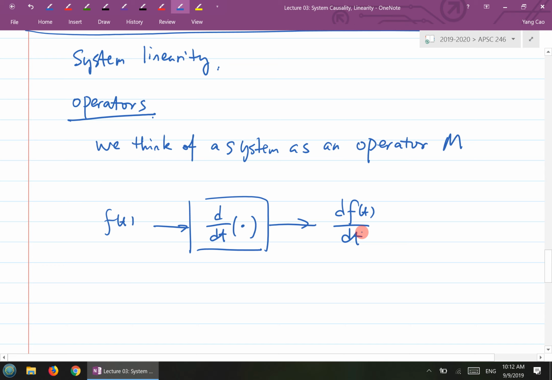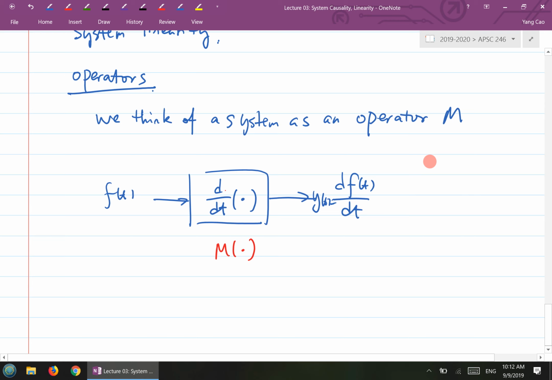That's the derivative action acting on the input function f of t, and then producing an output function, which is df of t over dt. So in this case, this is your operator m. This m here is specifically a derivative action operator. So this d over dt is an operator. You learn that your derivative action is an operator.